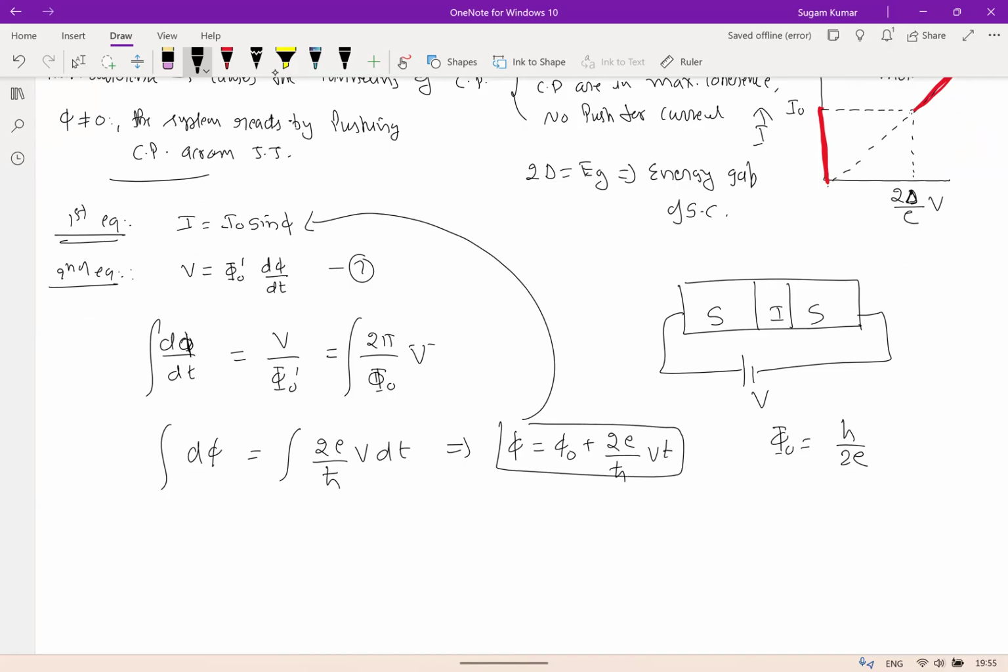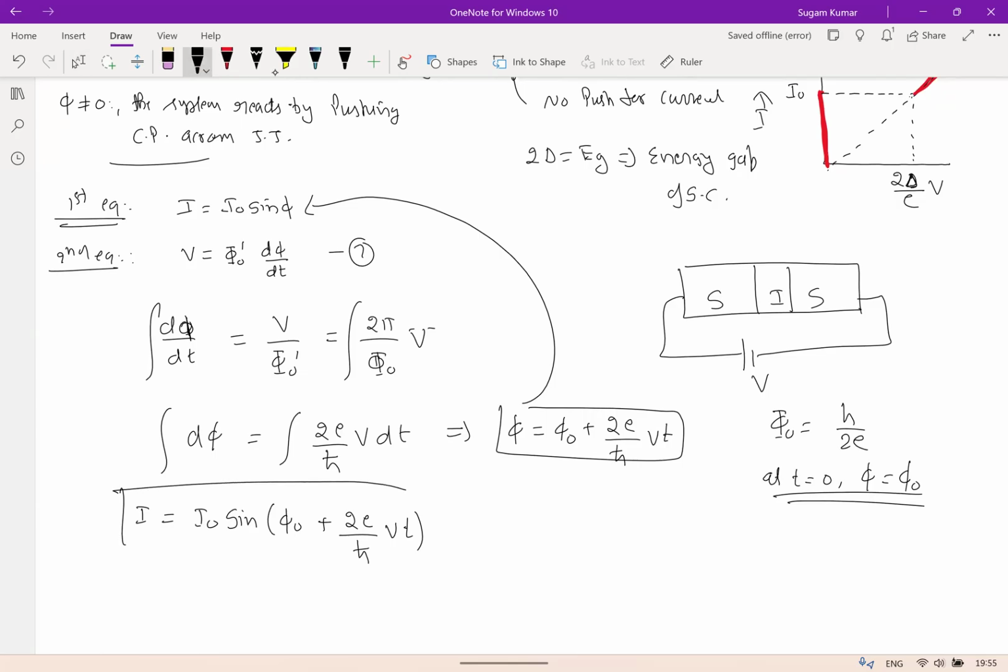I can put this here, and you can see that the current is going to become I naught into sine of phi naught plus 2e upon h cut into Vt. This phi naught is nothing but the phase at t equal to 0. Just keep that in mind.